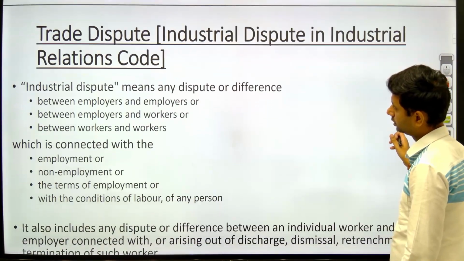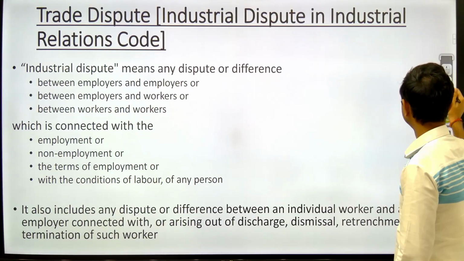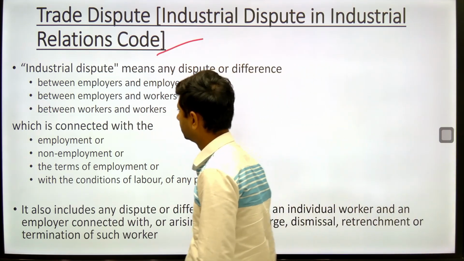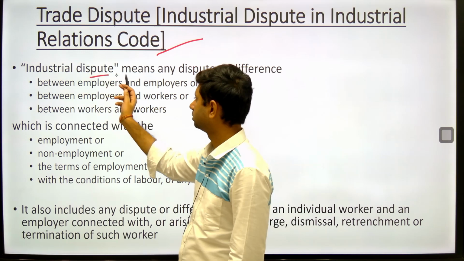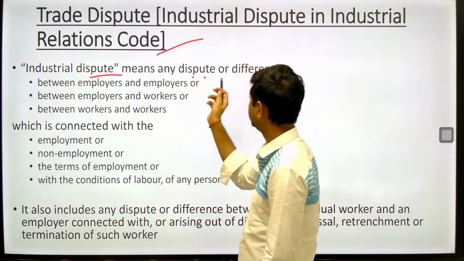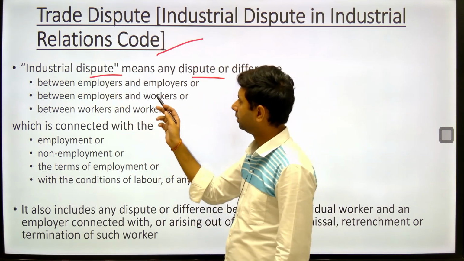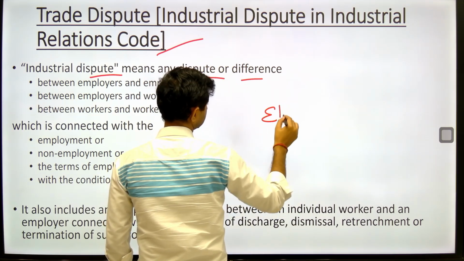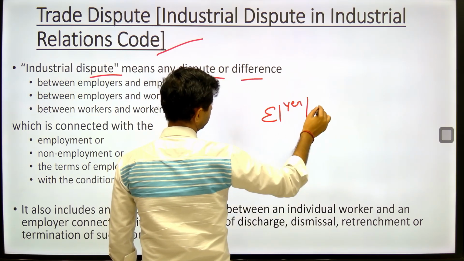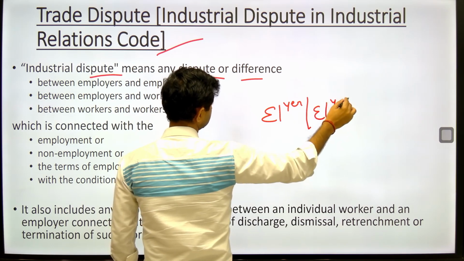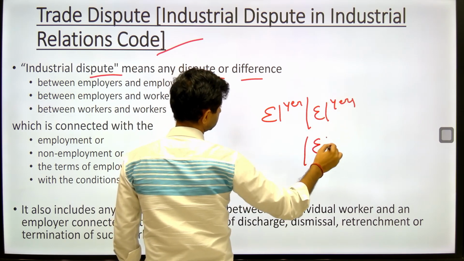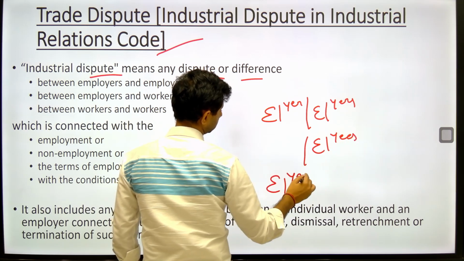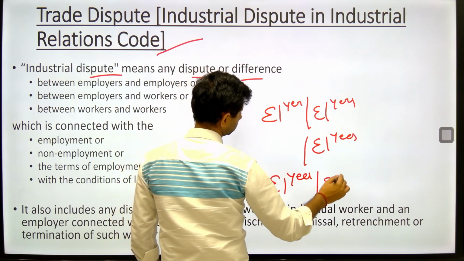So trade dispute or industrial dispute, the definition is provided under the Industrial Relations Code. Industrial dispute means any dispute or any difference between employer and employees, employers and employers, and even employees and employees.